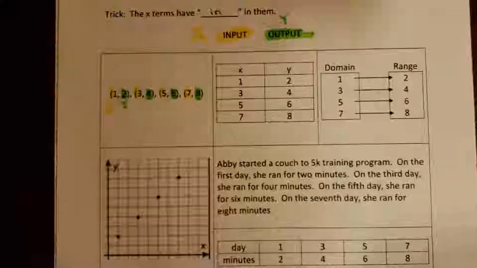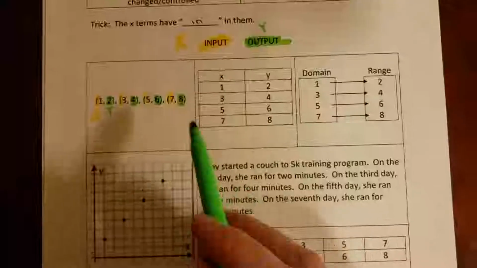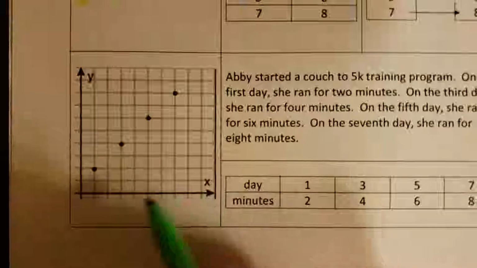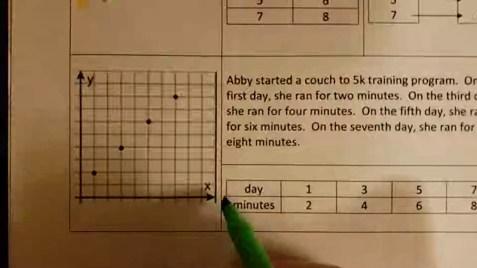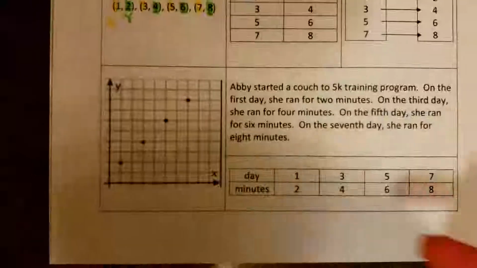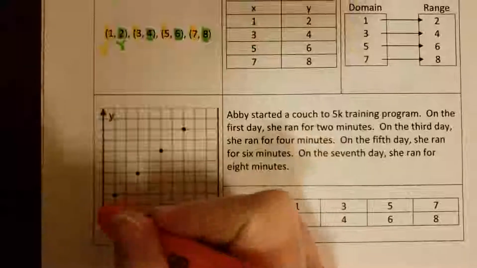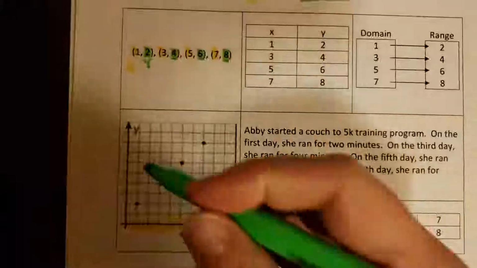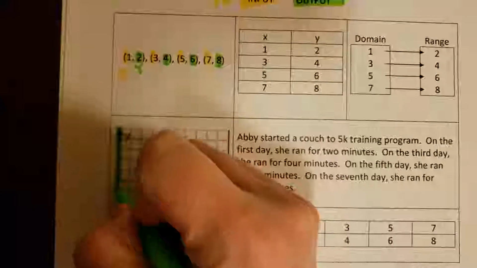And when we put those coordinates on a coordinate plane in the form of a point, the x-axis, the horizontal one, is still our input, and the y-axis is our output.